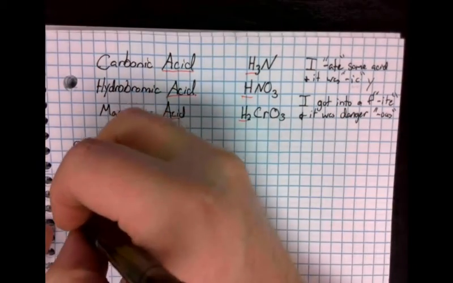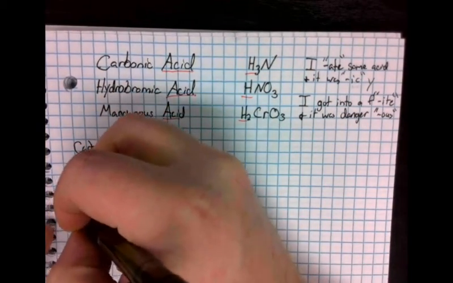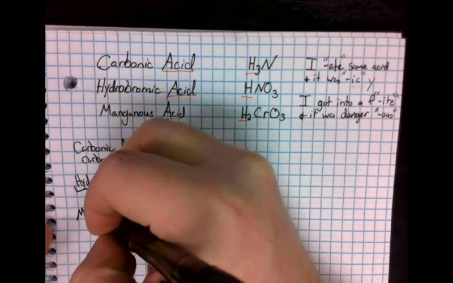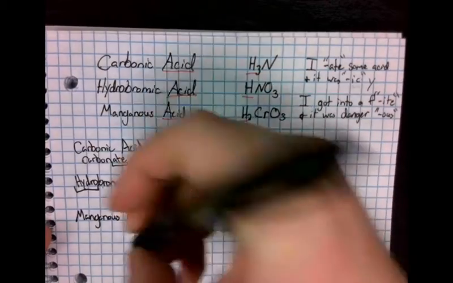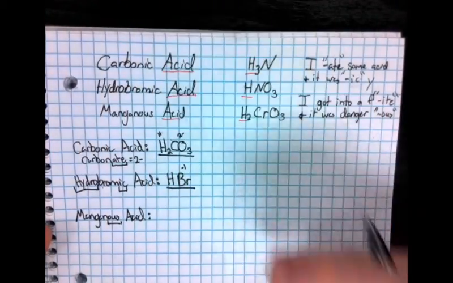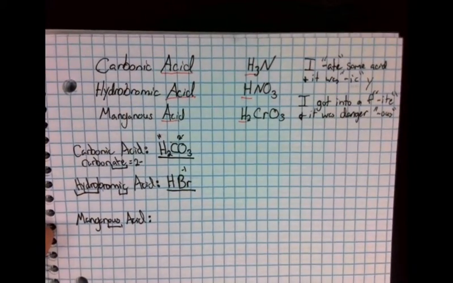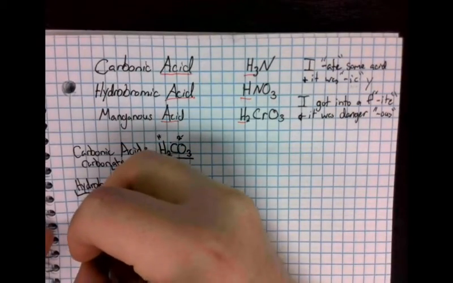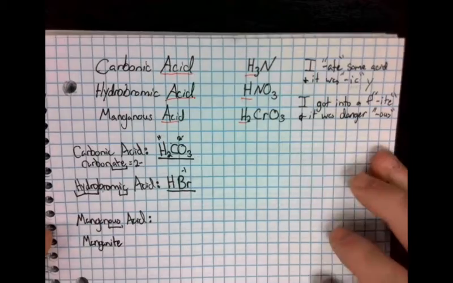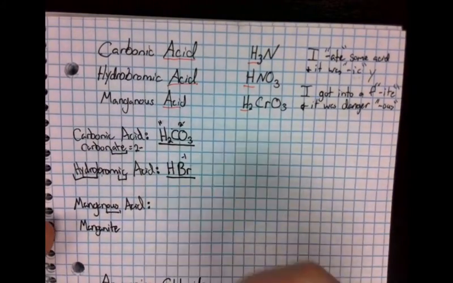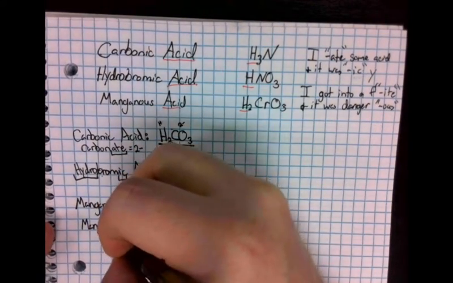And then lastly, we have manganous acid. Very weird one. It's got an ous ending. That tells us it was a modified polyatomic, and that means it must end in manganite. And manganite would have come from manganate.